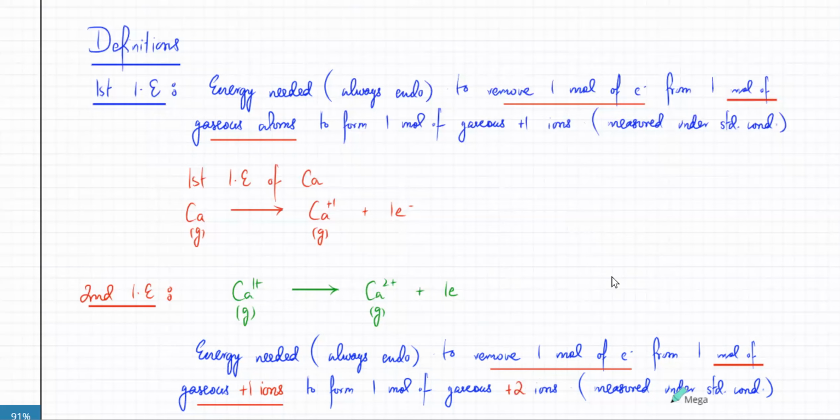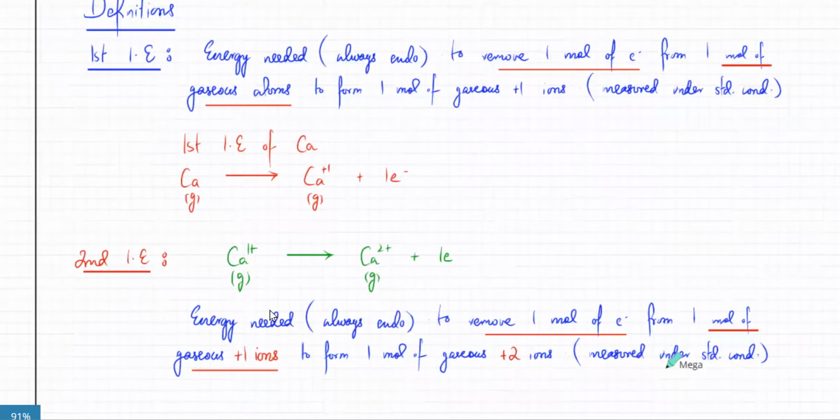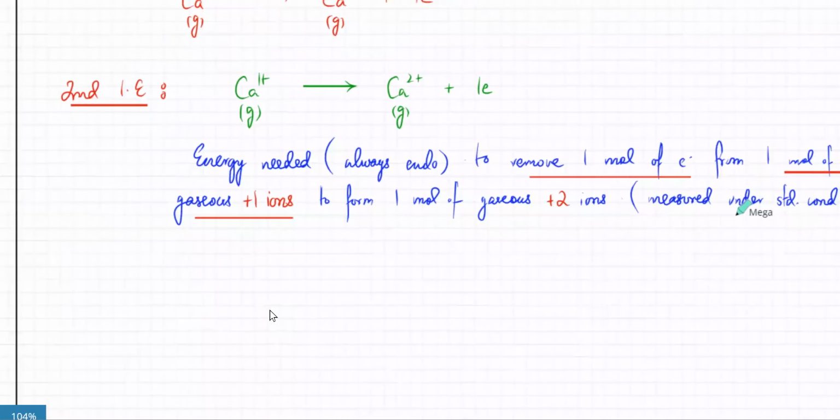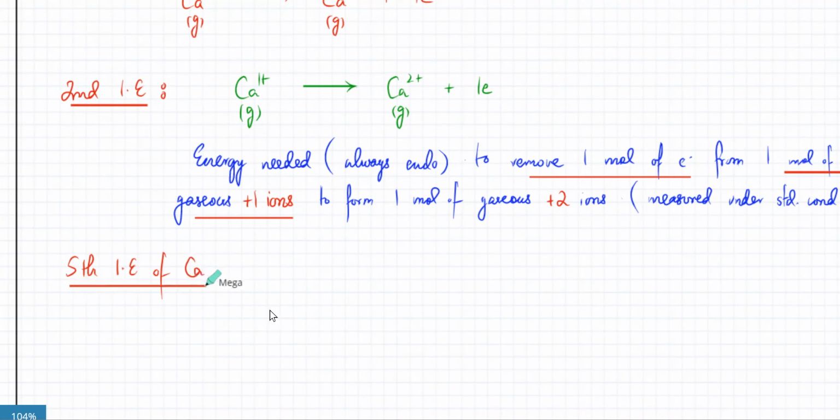So that's the second ionization energy, and similarly you'll have the third, the fourth, the fifth, etc. For example, if I were to write the equation for the fifth ionization energy of calcium, that means 4 electrons have already been removed.